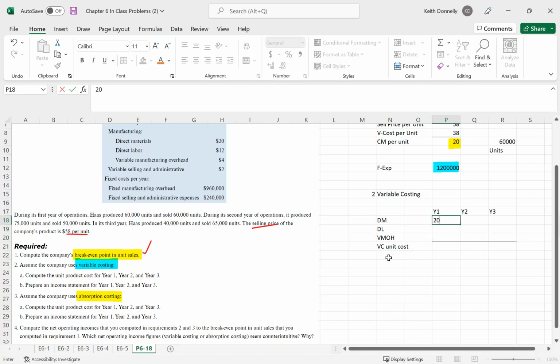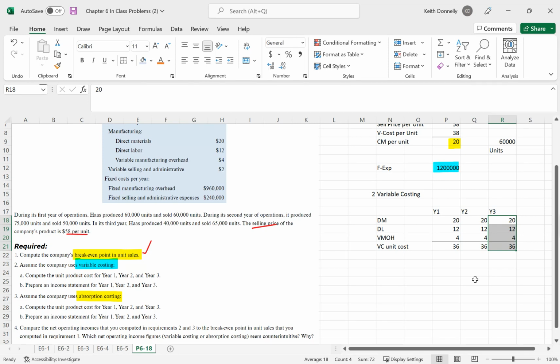It's going to be $20 from over there, 12, and 4. Just pluck those out. If we add them together, we're looking at $36. It's going to be the same across the board, since they're not indicating the facts are going to change.